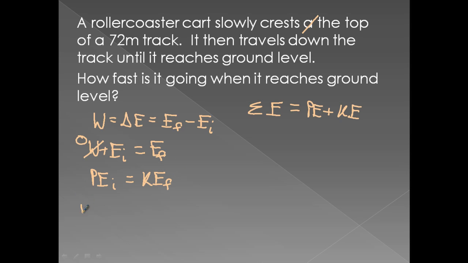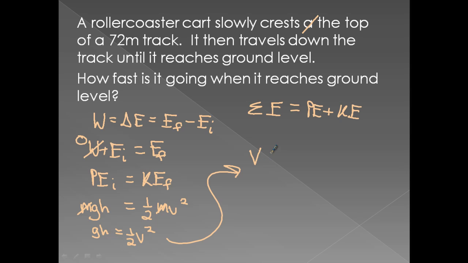All right, so now we plug in our equations. We know potential energy is mass times gravity times height. We know the kinetic energy is 1/2 mv squared. Look, we got an m on both sides. We can get rid of that guy. So gh equals 1/2 v squared. We rearrange this to solve for v.